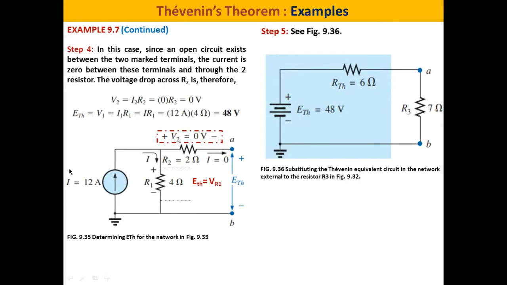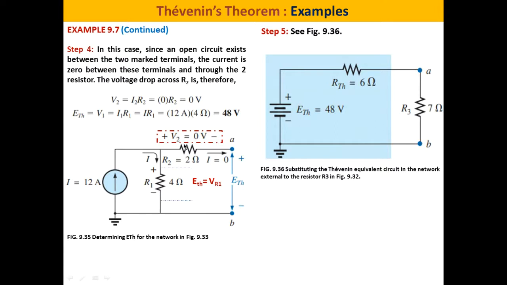We return the current source, and then we calculate the voltage across AB, which is E Thevenin. As you can see here, it's an open circuit, so there's no current. I equals 0. What does it mean?